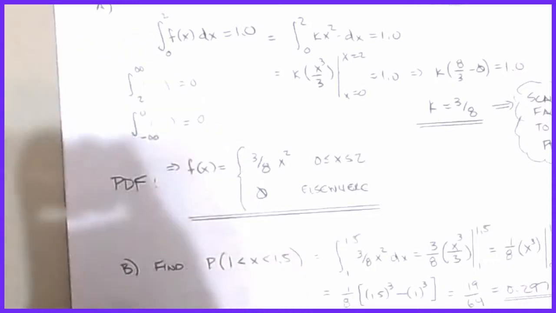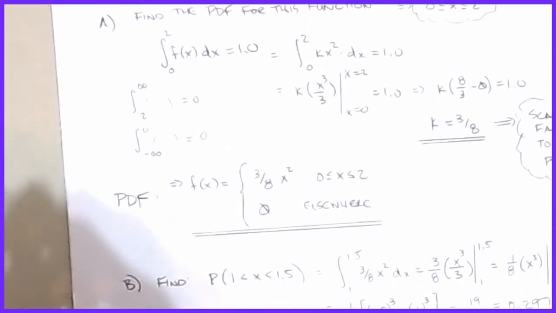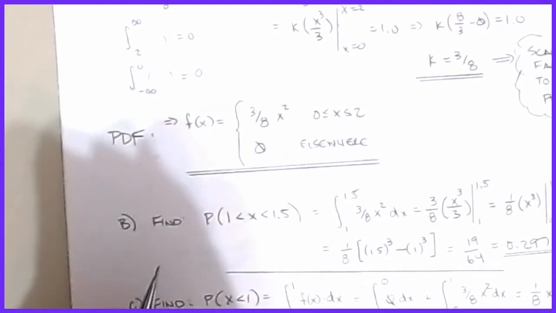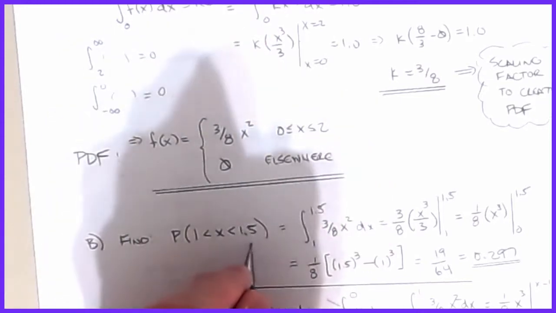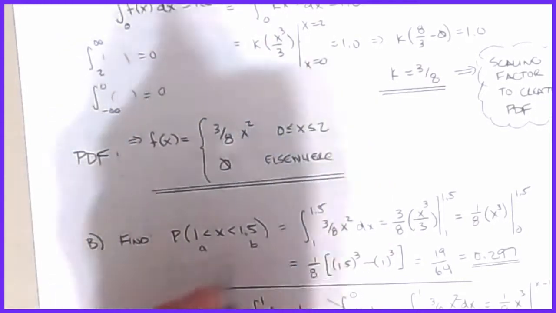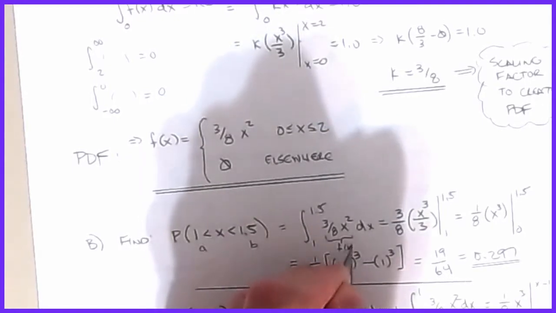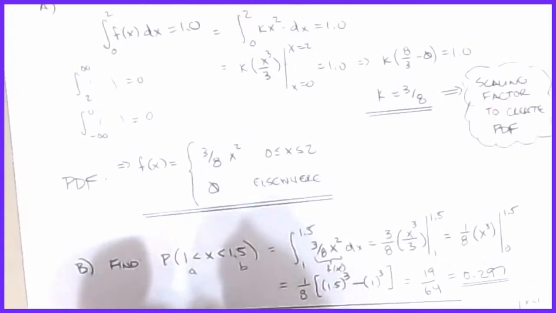Okay, all right, so now that we've got that figured out, we can go in and play all the probability games that we want. So the first one is, let's find the probability that x is between 1 and 1.5. Well, again, all we're doing is integrating. So if I set that as b and I set this as a, then this piece right here is my f of x. And it's now just a calculus problem to solve for it.